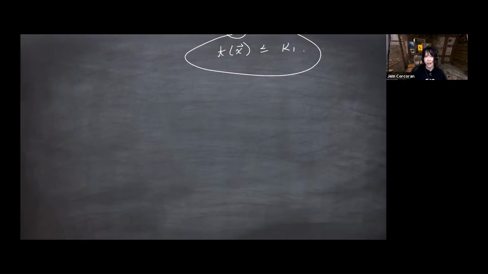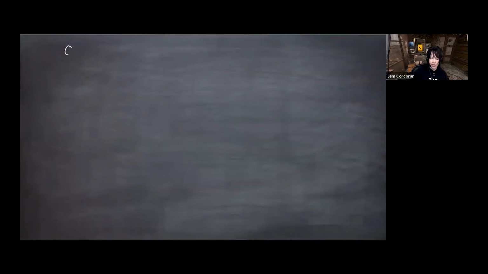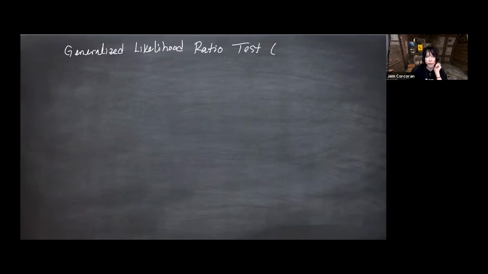GLERTs are new. I love GLERTs. I love saying GLERT. GLERT stands for Generalized Likelihood Ratio Test. They are good if the UMP doesn't exist or if the UMP is too hard to find.